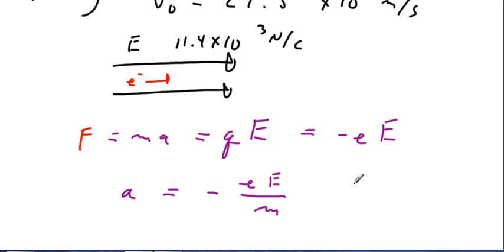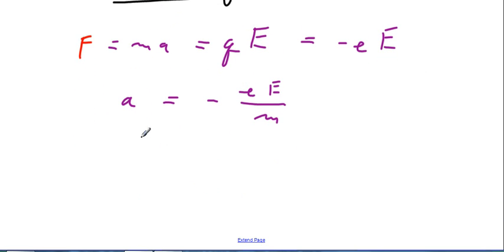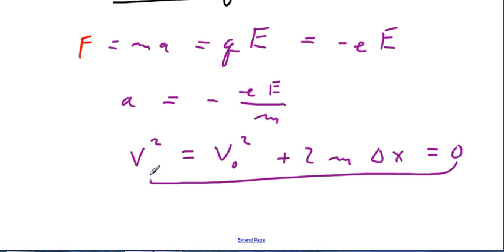What we want to find is how far the electron's going to travel before it comes to an end. So we go back to our physics 1 and we find that the velocity squared when I get done is going to be velocity naught squared plus 2a delta x, and that's going to be 0 because I am stopped.